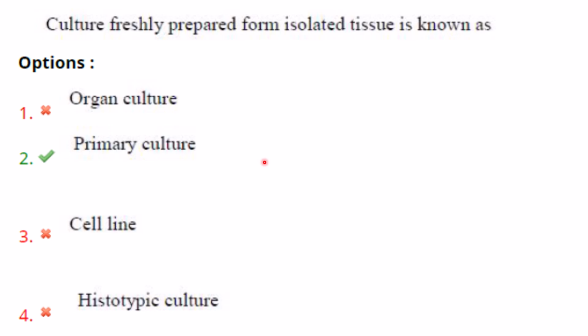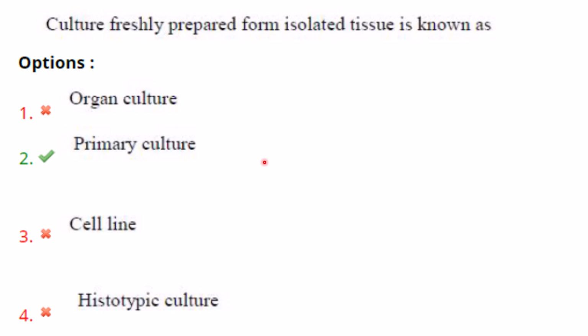From the liver you isolate the liver cells and you grow them in a culture medium. So that is primary culture. It is freshly prepared, directly isolated from the tissue or the organ and grown in artificial medium. So that is primary culture.